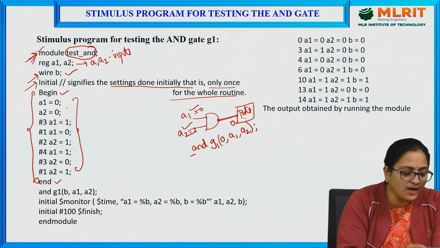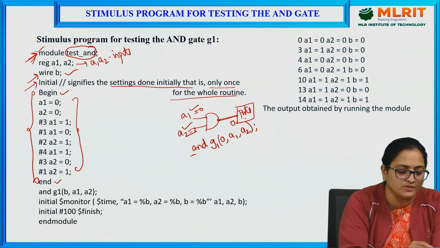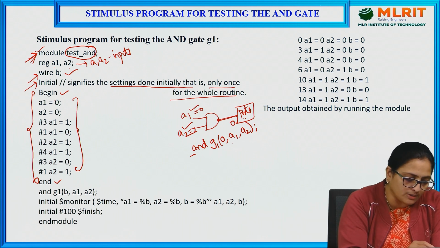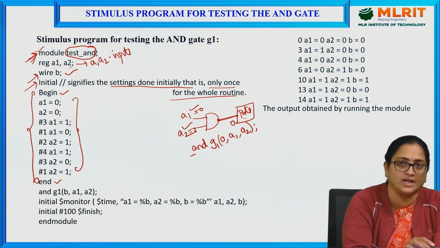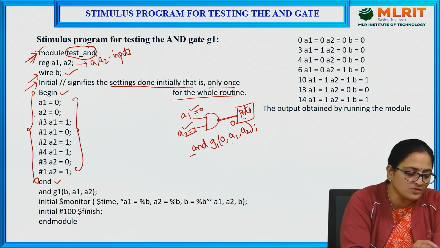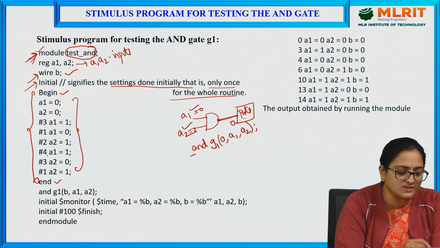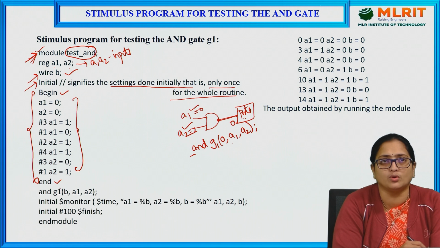Here, I have given n number of values to the inputs. These multiple statements have to be incorporated in A1 and A2, so this has to be done at a time. That's the reason why I use the begin and end statement here. And in between the begin and end statement, I gave the n number of values to the inputs.